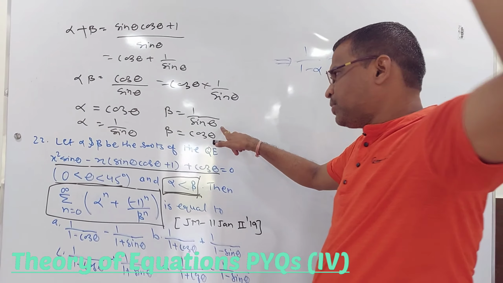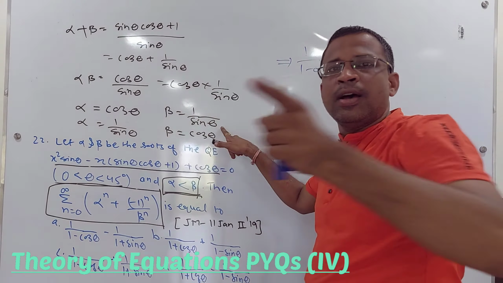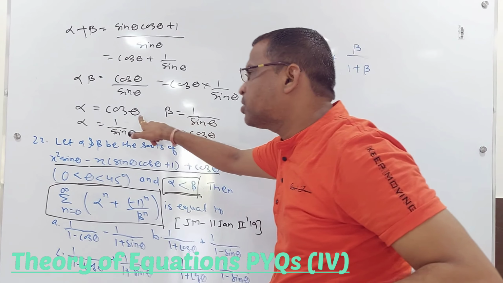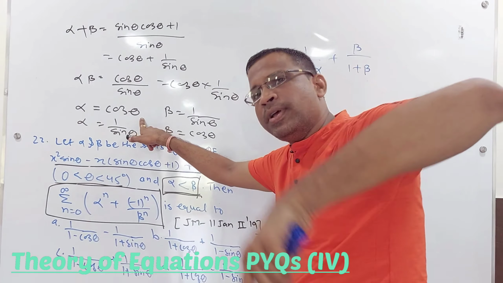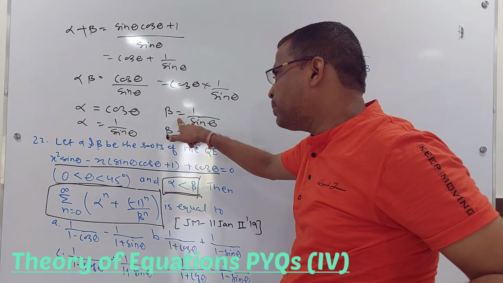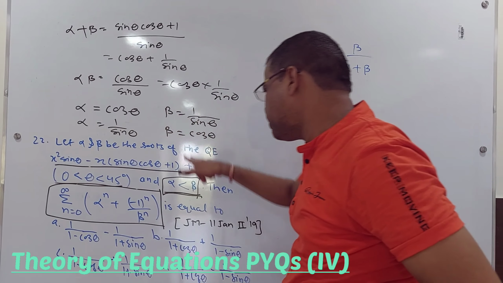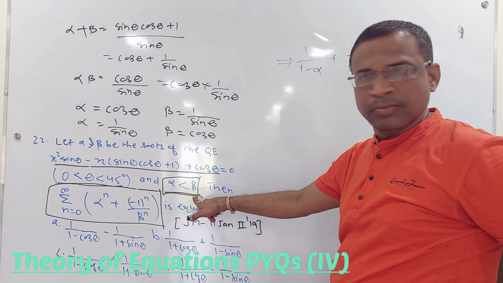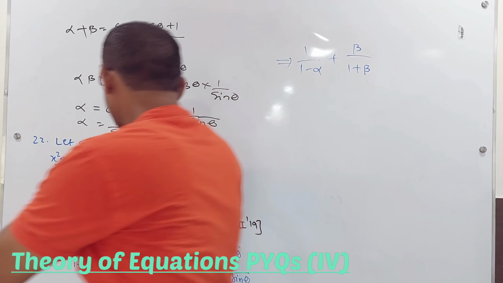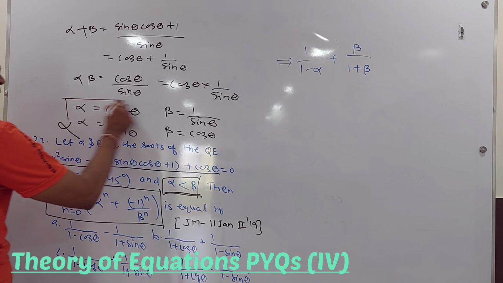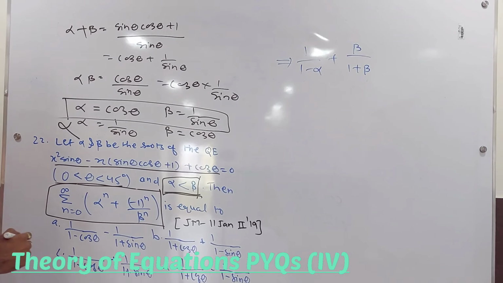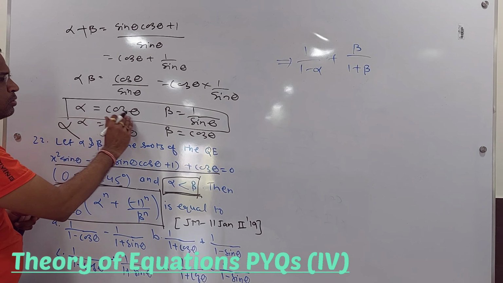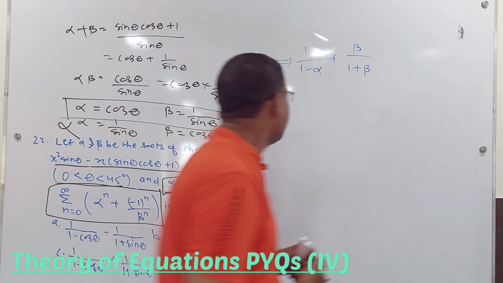So 1 upon sin theta will be greater than 1 and cos theta will always be less than 1. So here beta becomes greater than alpha, as they have given. So I will discard this and my answer will be this. Fine. So alpha is equal to cos theta, beta is equal to 1 upon sin theta.